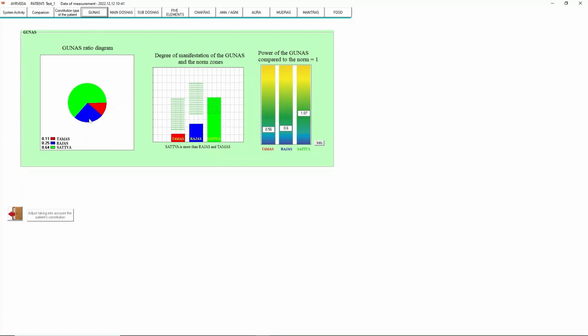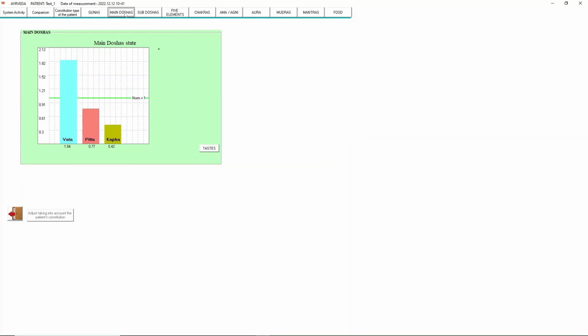Gunas tab. This shows the degree of manifestation of gunas and their ratio in the body. In addition, the normalized value of each of the gunas is displayed. Information about the three doshas is presented here. We see a significant imbalance of Vata dosha.